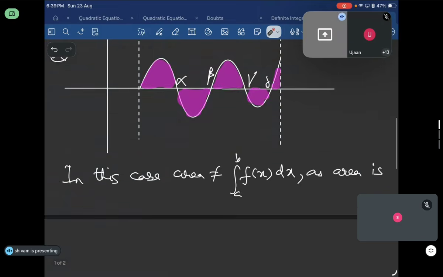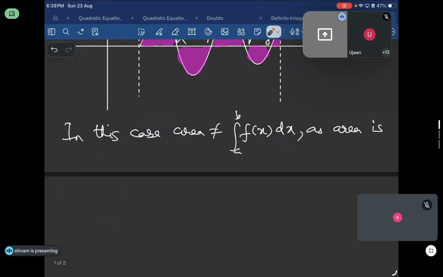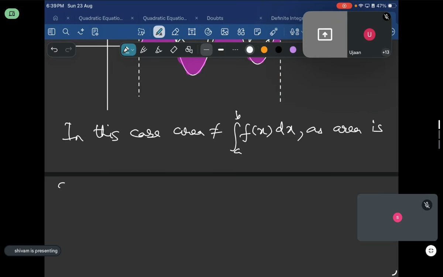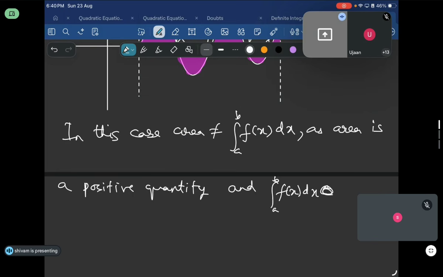Can you people understand? So as I told you, area becomes negative below the x-axis. So area is a positive quantity, and integral from a to b f of x dx gives us the net area.